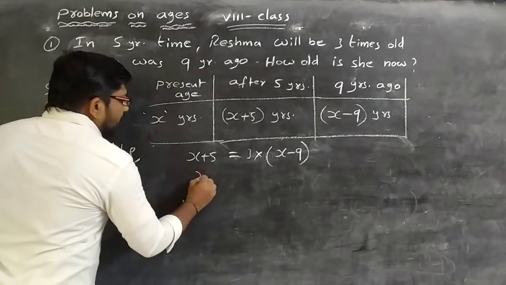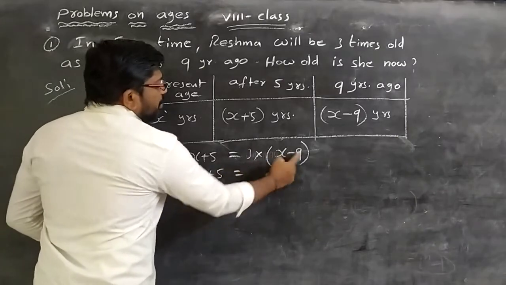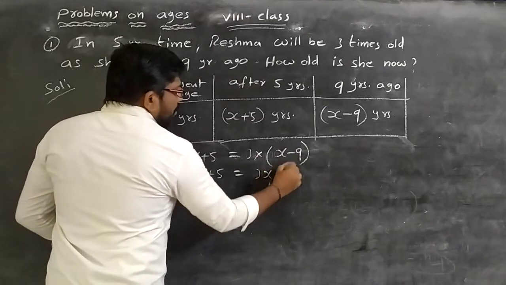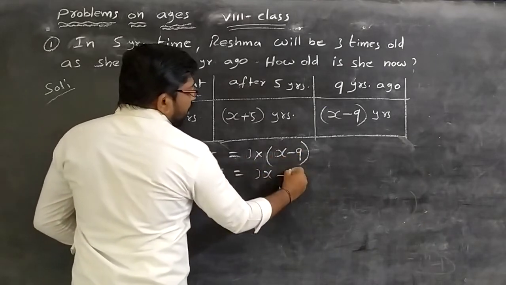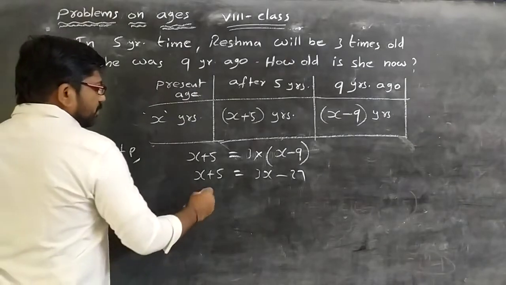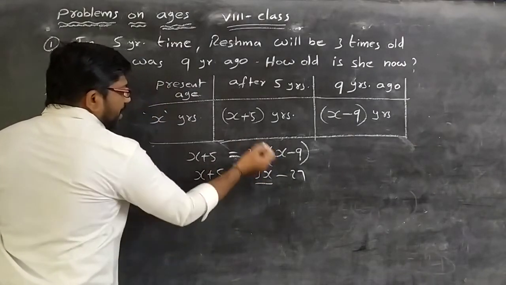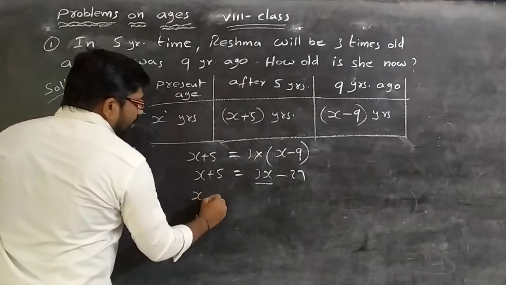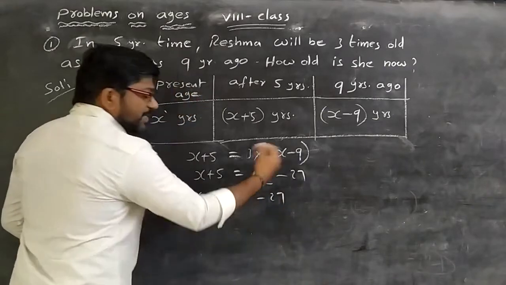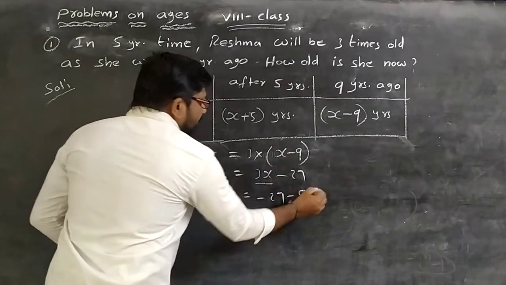So x plus 5 is equal to, according to the distributive law, multiply 3 into x, 3x, minus 3 into 9, 3 nines are 27. Now separate the variables. Plus 3x, taken from the right side to the left, will become minus 3x, and plus 5 taken to the other side will become minus 5.